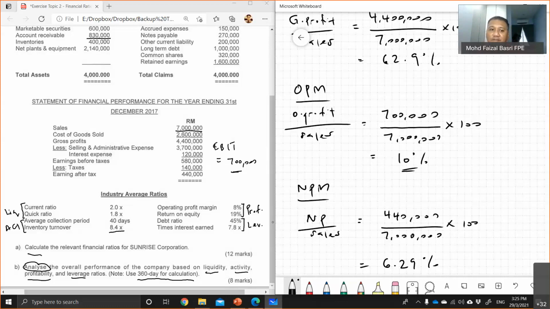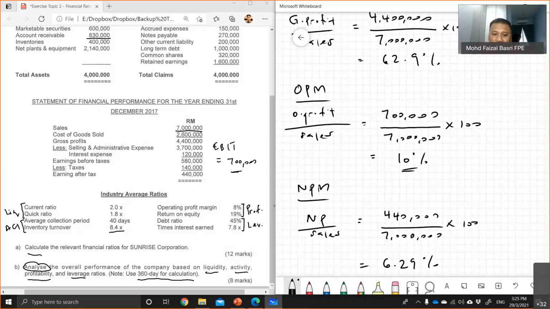But for the first type of ratio, under profitability, there's better performance, because this is the only ratio so far that had a better performance as compared to the industry average. 10% against 8%. So for profitability, as I said, most of it, the higher the better.